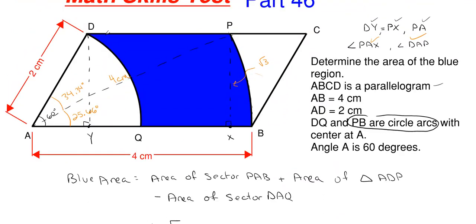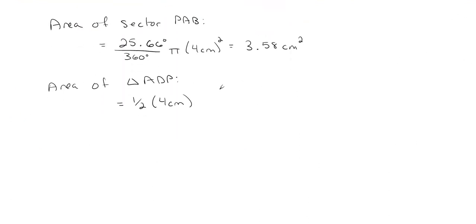And then I just need my height right here, which, well, once again, another right triangle, and I can use that angle of 34.34 degrees in conjunction with the 2 centimeters to get that overall height there, which essentially will just be 2 centimeters times the sine of that angle, which is 34.34 degrees. And so my total area of triangle ADP pops out to be 2.25 centimeters squared.